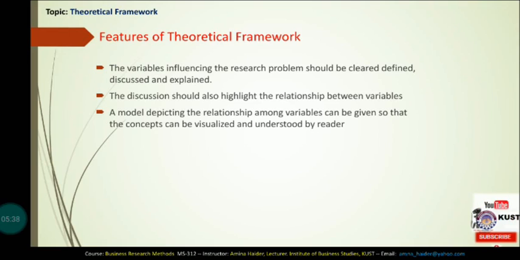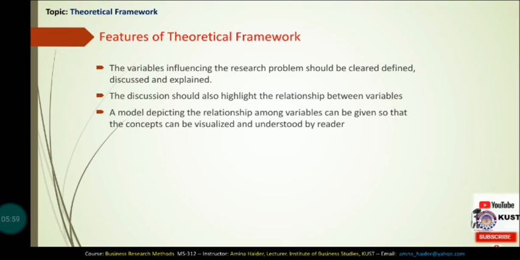For example, if a relationship is found between two variables, for example, age and choice of product, a theory should be formulated to explain why the relationship exists.